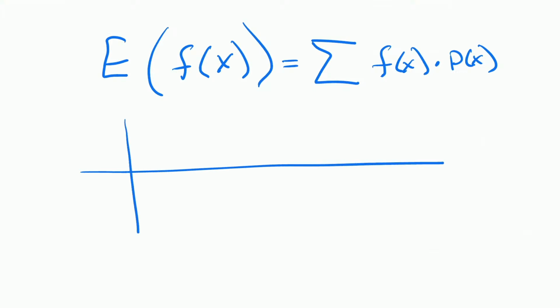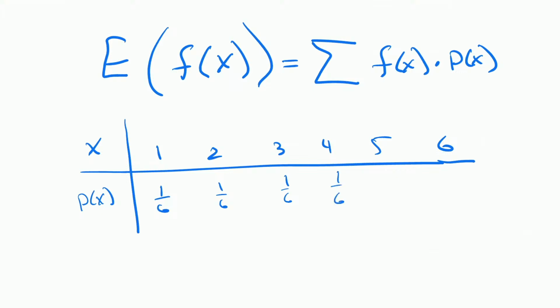So you might wonder, what does this mean? Well, here's one way to interpret this. Let's say we have x and p of x. So 1, 2, 3, 4, 5, 6. Sorry, there's 6 faces. 1/6, 1/6, 1/6, 1/6, 1/6, and 1/6. Okay, so there's my die. But let's say that instead of just rolling the die and recording the number, I roll the die, I got a 6.